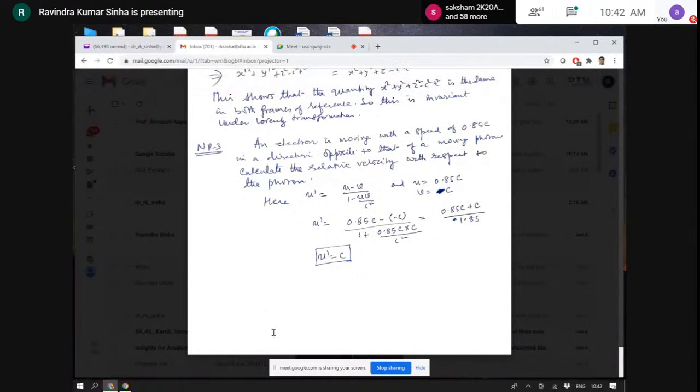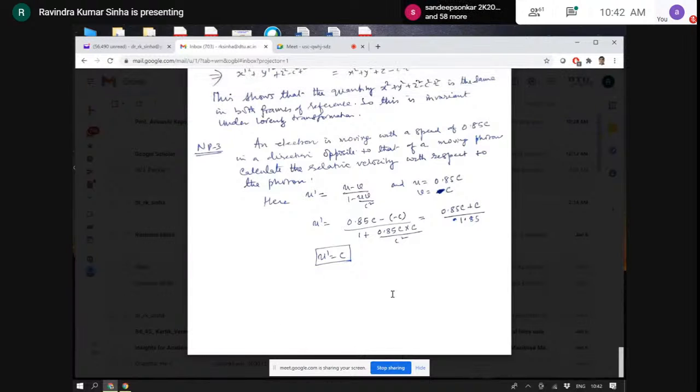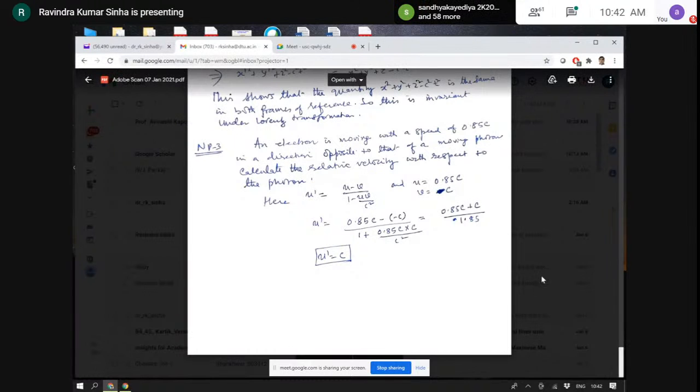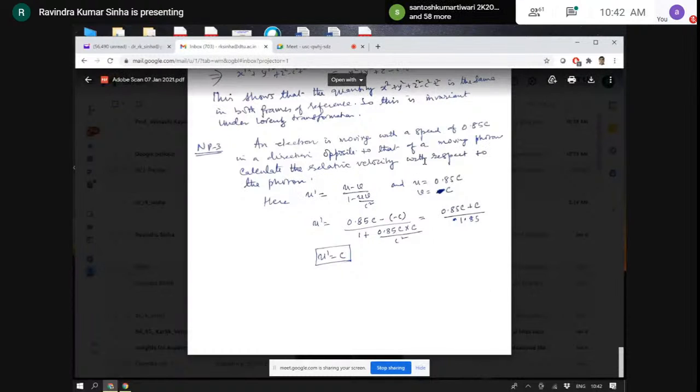So along the X direction, electron is moving with 0.85 c, opposite to that of a photon movement. Photon movement means its velocity is c, even if it is not written. Okay. So calculate the relative velocity with respect to the photon.